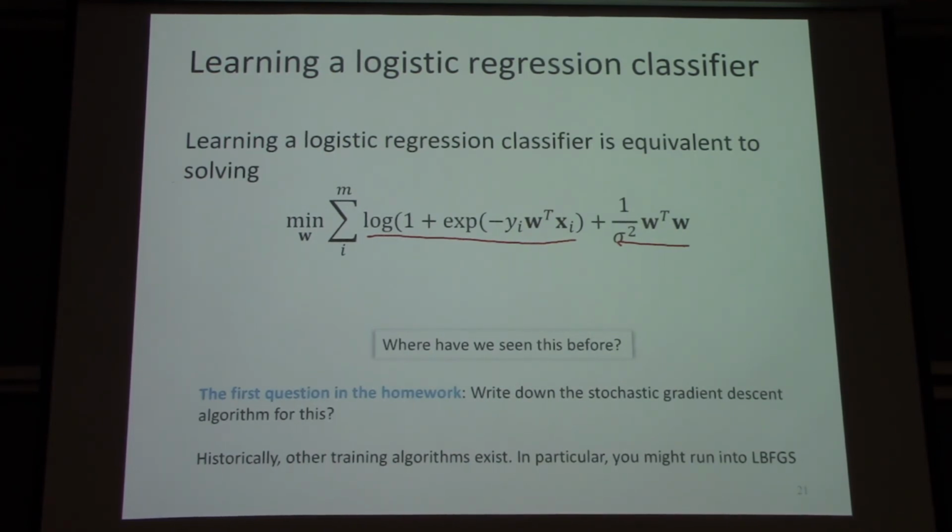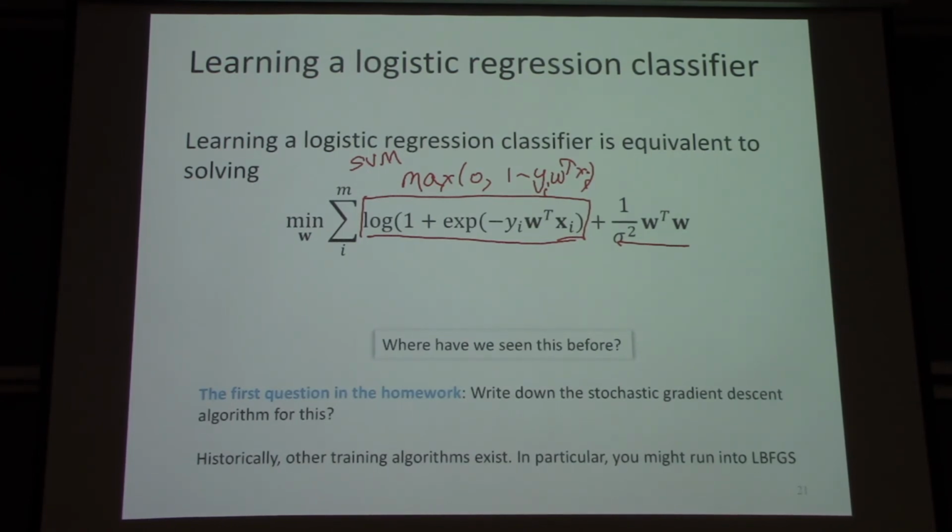When we were optimizing the SVM objective, it looked a lot like this, except it had a different function: the hinge loss, max of 0, 1 minus y_i w transpose x_i.